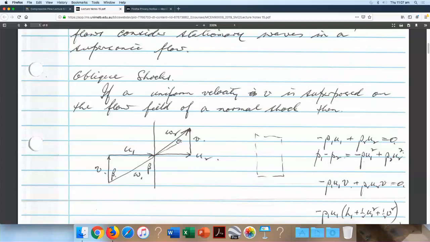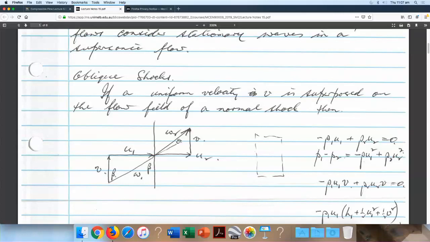And we're going to look at conservation of mass. You'll have a mass flux across this surface of minus rho 1 u1 in and rho 2 u2 out. So that was our conservation of mass that we've had before.